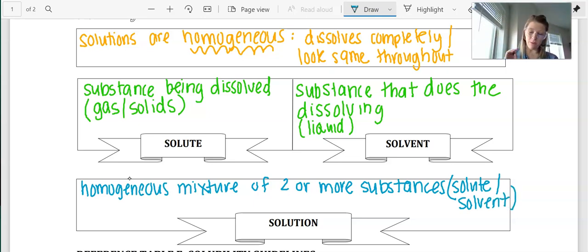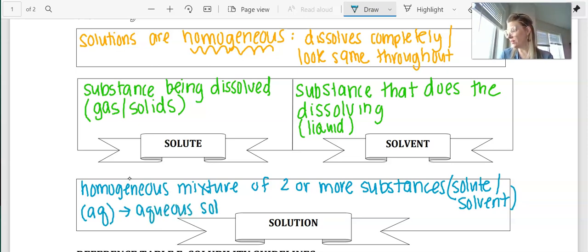okay? And I want to point out that, I know I've just said this like 15 times, we primarily focus on water-based solutions. And just as a refresher, AQ, the phase, represents an aqueous solution, okay? And that's one where water is the solvent.